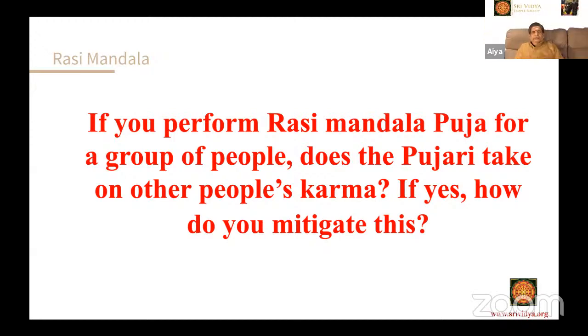Now, if you remember, when I introduced the Rasi Mandala, I said that I have merged parts of the Sri Yantra and the Rasi Mandala together for this puja. And the merging, if you notice, occurs from the three devalaya. That means the three concentric circles that are outside of the 16-petal lotus.